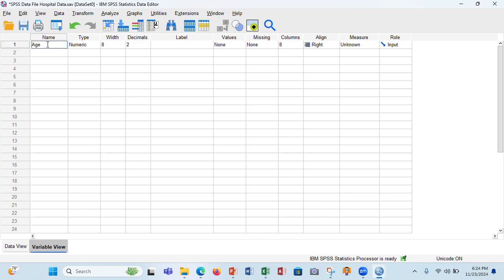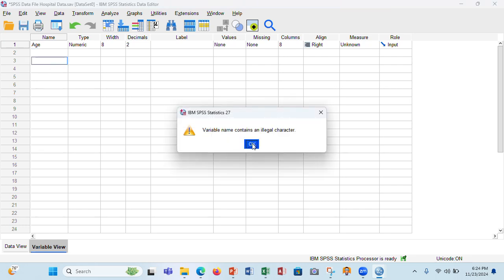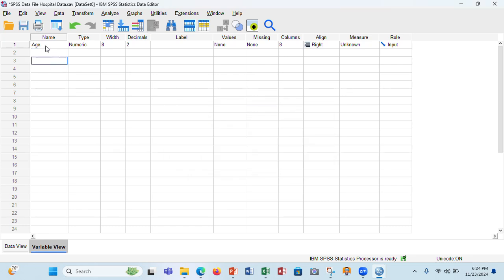However, the rule for writing in the name row here is that you don't need to space, because spacing will create an error. So if you wanted to write age group, for example, you'd pair these words and make sure they are like that, agegroup. Or otherwise, you put a dash in the middle to separate.